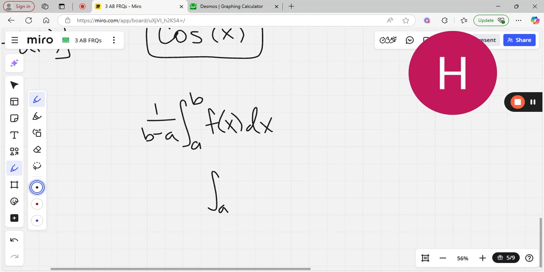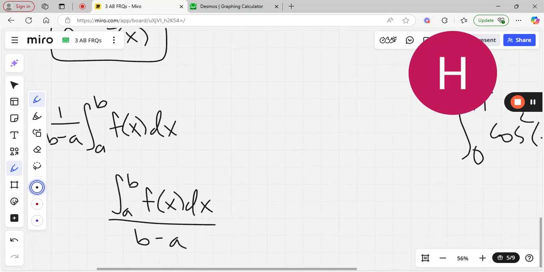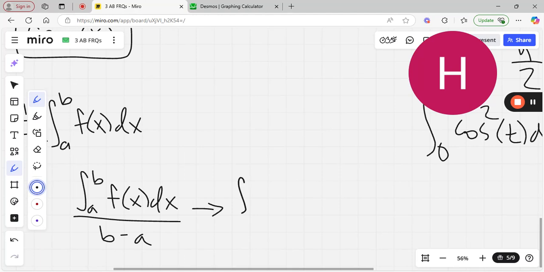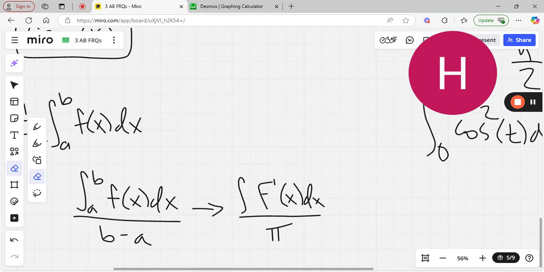Or you might see it as a fraction all over the b minus a. Doesn't really matter. But what we're going to do in this case is we're going to be doing that with f prime. Well, I guess it's the way that they write it. It's capital F prime. And this is over from 0 to pi, so this is going to go over pi. Let's change those limits.